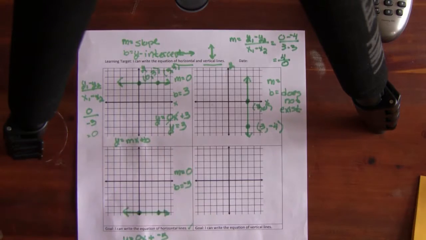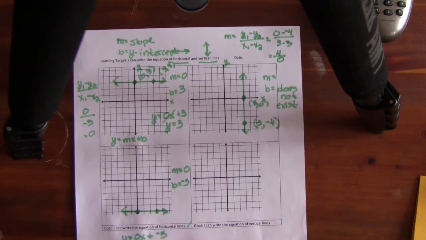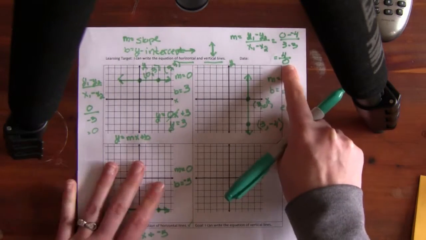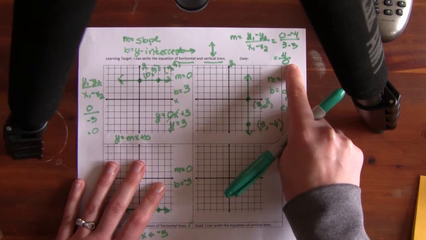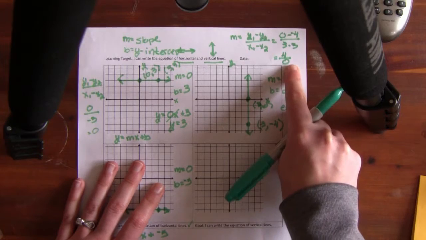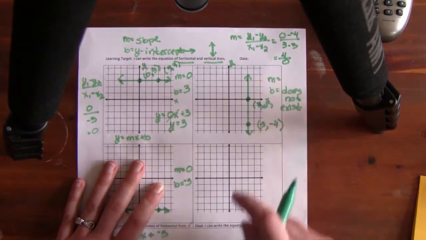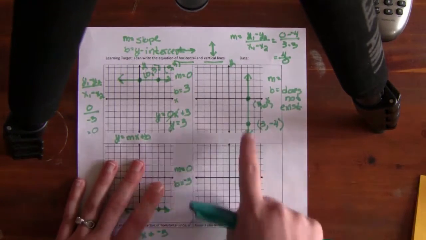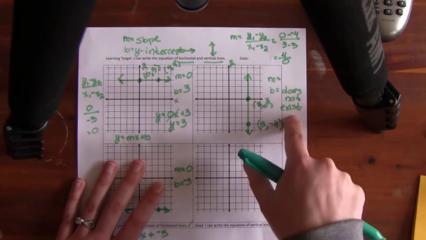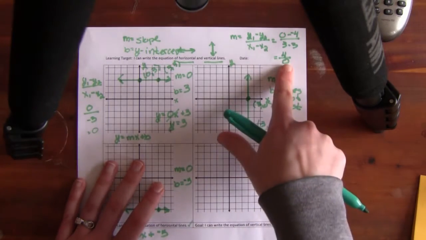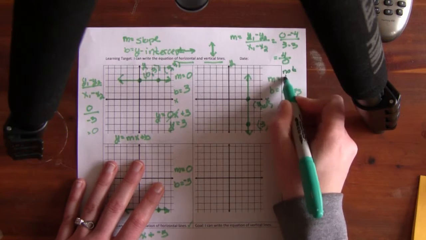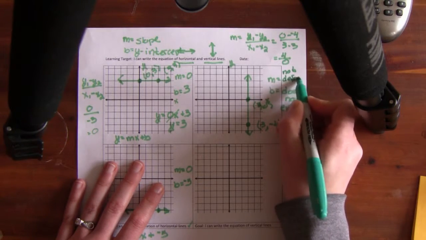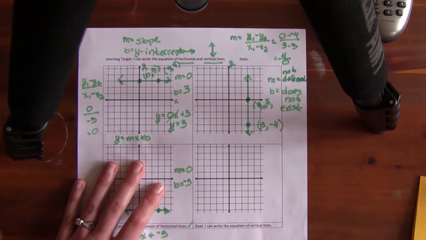Now, think back to when you learned about fractions. Whenever you have a 0 in the denominator of a fraction, our fraction is not equal to 0. In fact, it's not equal to anything. We say it's not defined. So not only do vertical lines have a y-intercept that does not exist, they have a slope that is not defined.